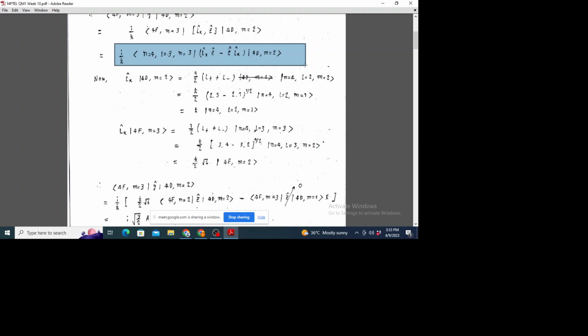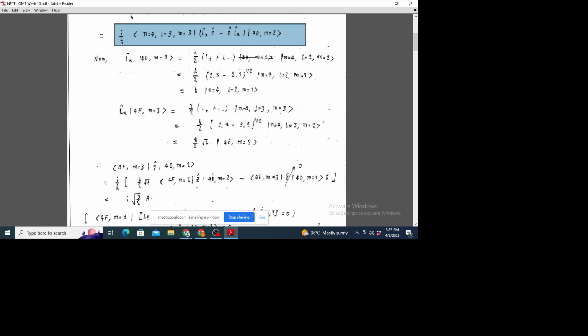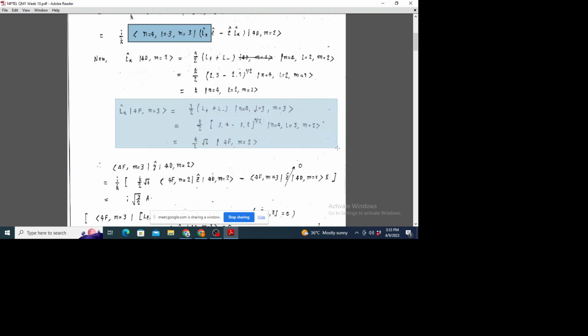Now we have already found the action of L minus in the bra and ket states, so we'll just simply substitute those results. Okay, so for this part, so let us substitute this result. This is the result for ket, and we have to substitute the result for bra.